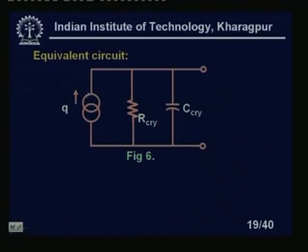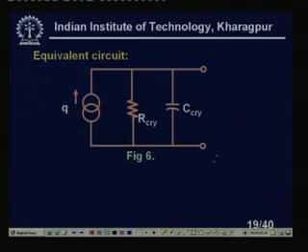So, I have a signal generator, a charge source of Q, then we have the resistance R crystal in parallel with the capacitance, that means C crystal. So, for crystal we are taking the first 3 letters, C R Y, clear.